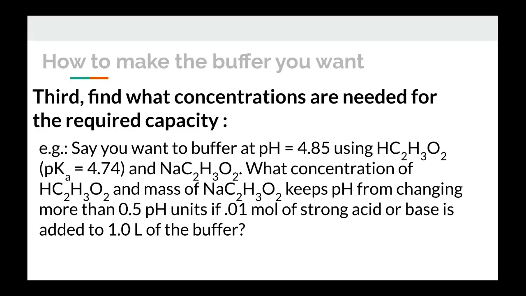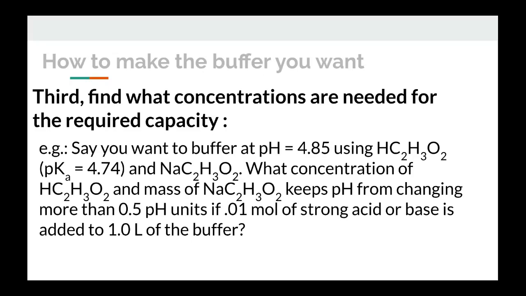It was 0.129 versus 0.10 moles of acid. So that means this is going to be better at buffering acid than it is at buffering base. So let's do our calculations contingent on its ability to buffer base, not acid.